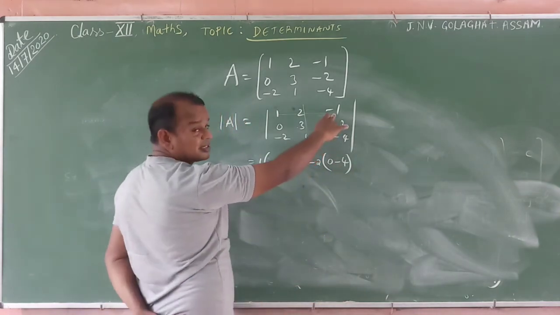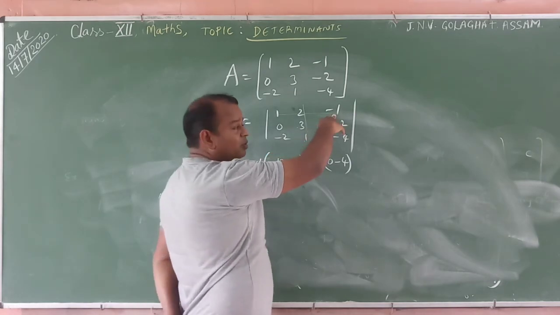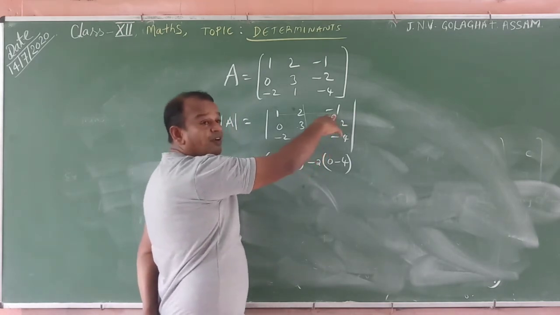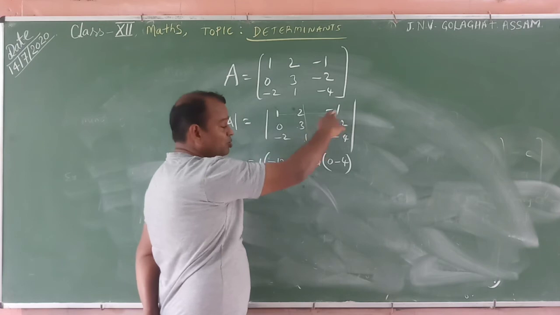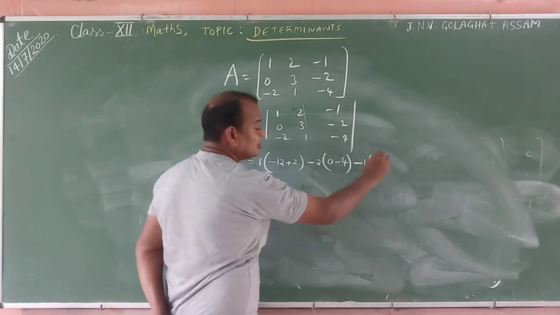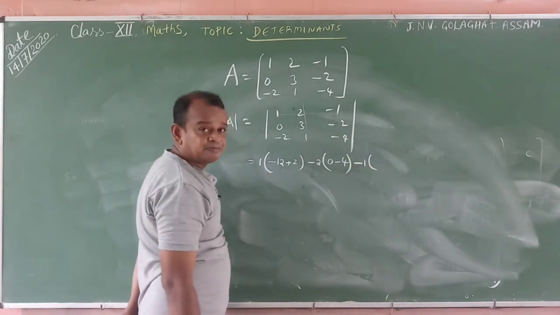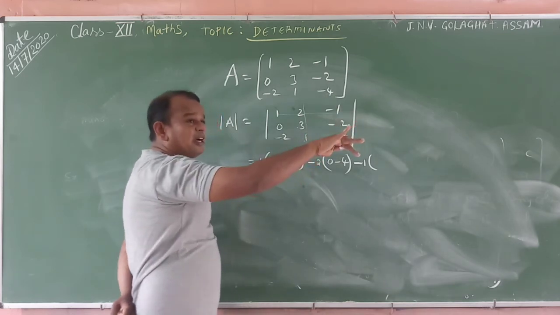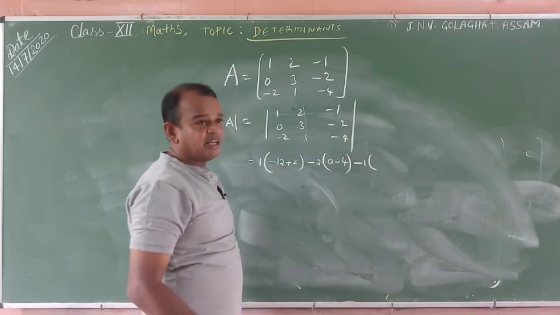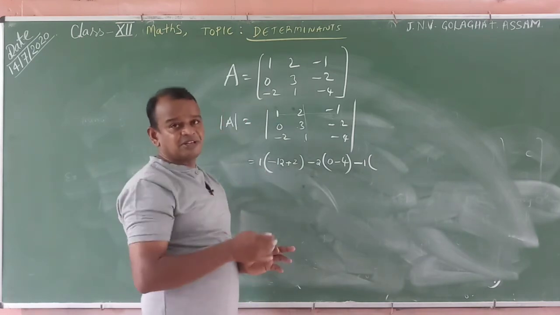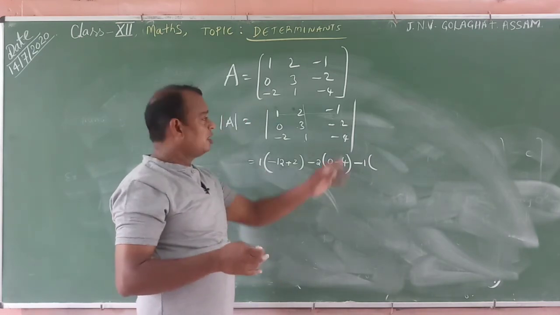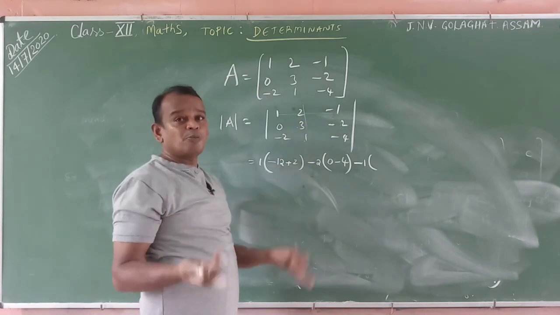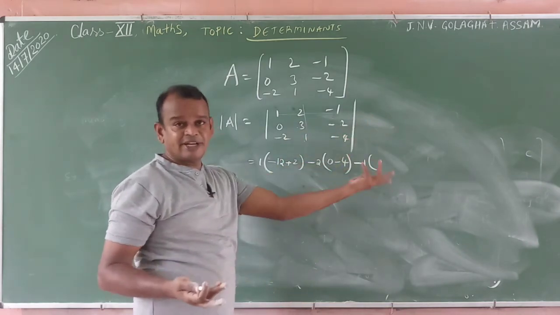Next, the element is minus 1. Cofactor sign positive, so minus 1, no change at all. Not understood? Element is minus 1. The minor is multiplied with minus 1 power i plus j. 1 plus 3, minus 1 power 4, positive. Minus into plus is minus.